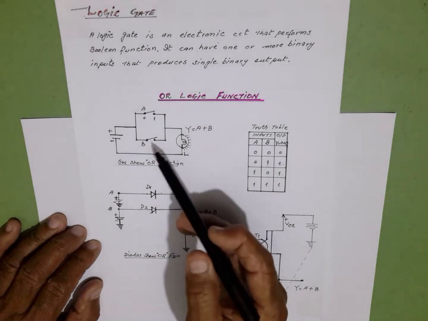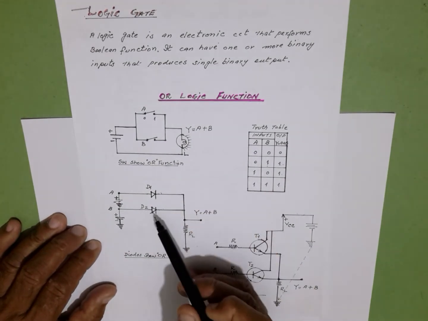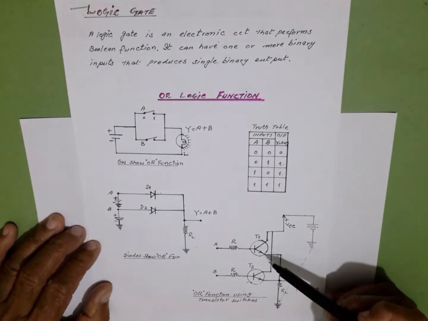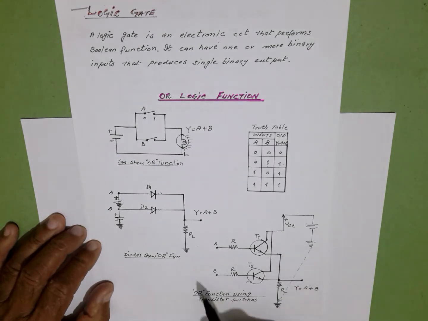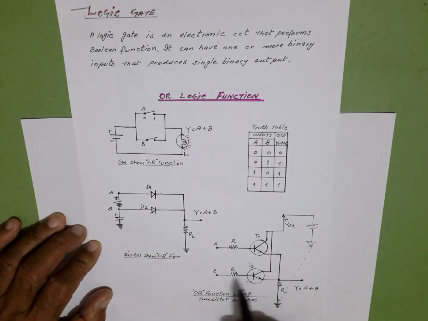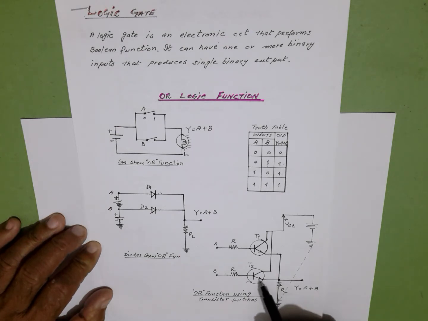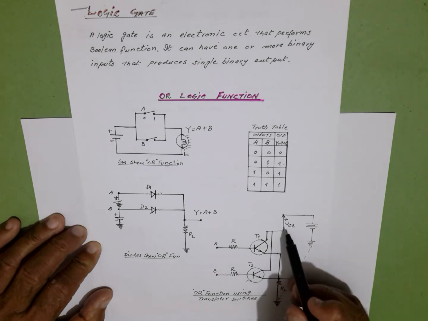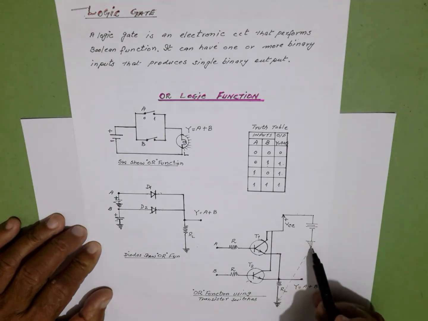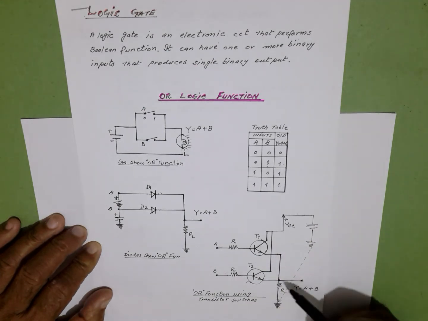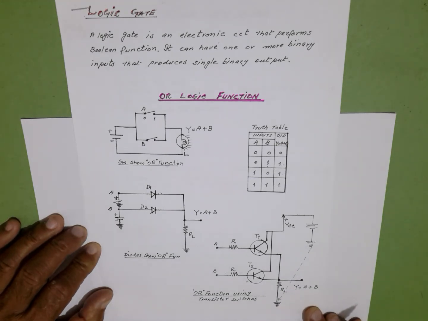See that two switches in parallel, two diodes in parallel, and these are the two transistors in parallel. Transistor T2, the B input is held at logic 1 voltage. This is forward biased and conducting current from ground through RL through base to VCC back to ground, and there is a voltage drop which we get here, and it is a logic 1 voltage.